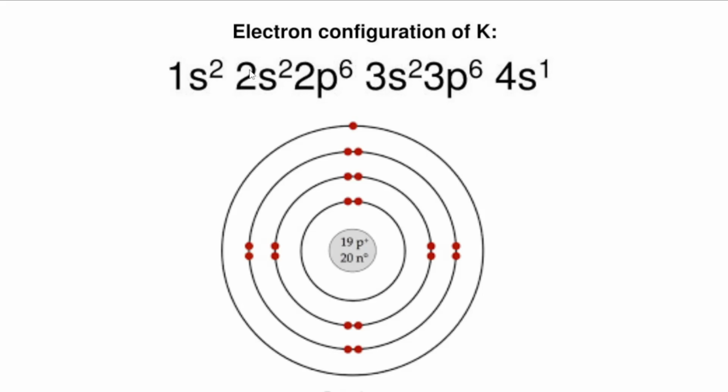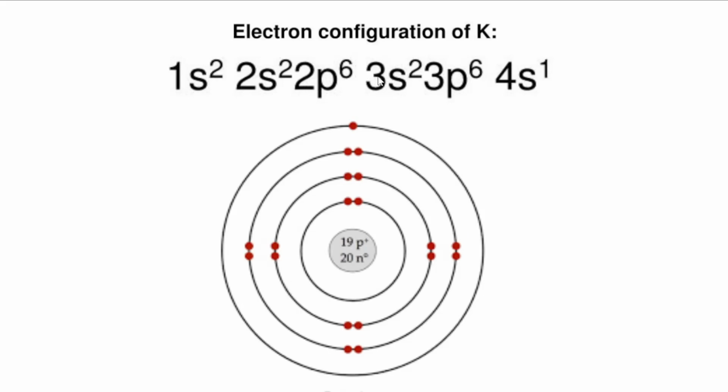So in the second energy level, there are 2 electrons in the s orbital, and there are 6 electrons in the p orbital. If you count them, it's 6 plus 2, so a total of 8 in the second energy level. 2, 4, 6, 8.